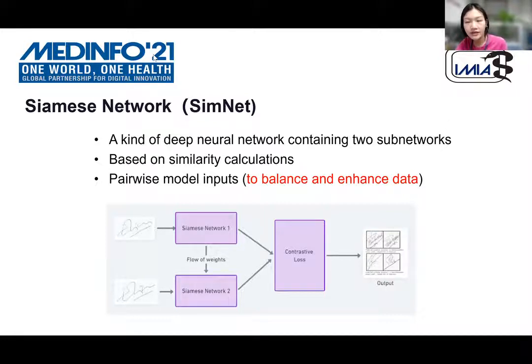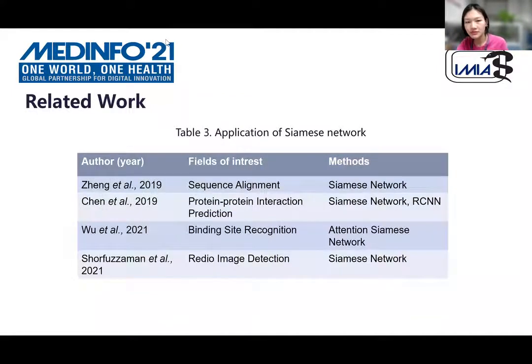Based on similarity calculations, the samples are input pair by pair, and with this method we can balance and enhance the data. Here we listed some applications of the Siamese network. You can see that it has been applied to sequence alignment, radio image detection, and many other biomedical fields.